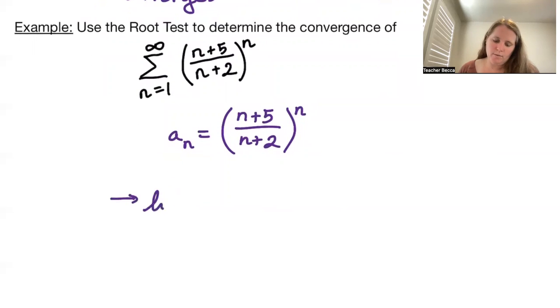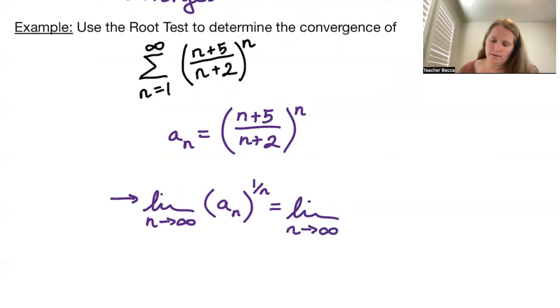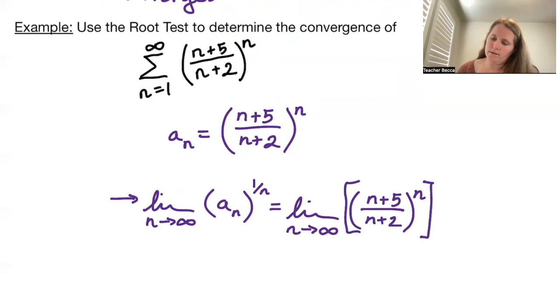So we have the limit as n goes to infinity of a sub n raised to the 1 over n, which is the same thing as the limit as n goes to infinity of n plus 5 over n plus 2 raised to the nth, and then that whole thing raised to the 1 over n.